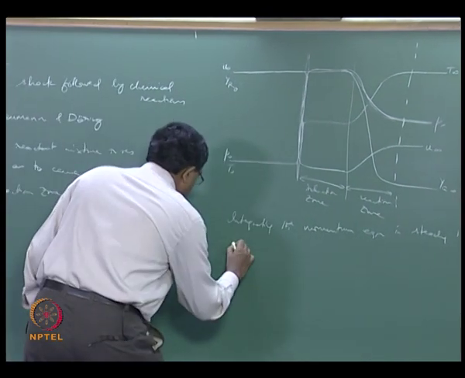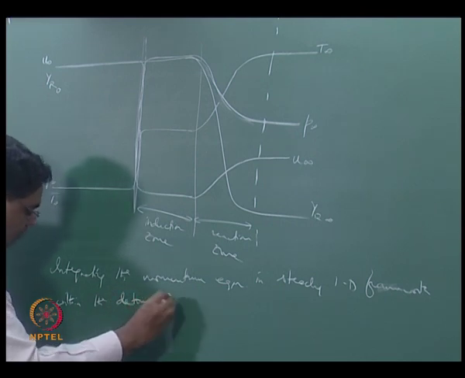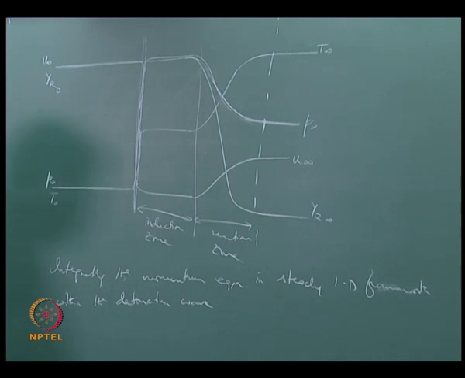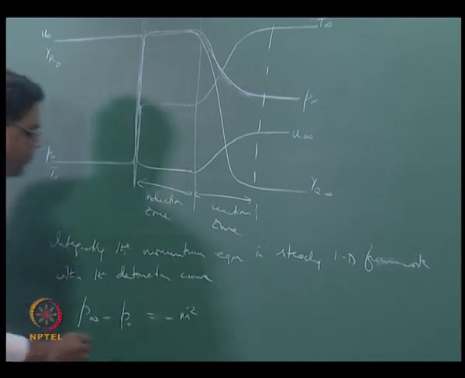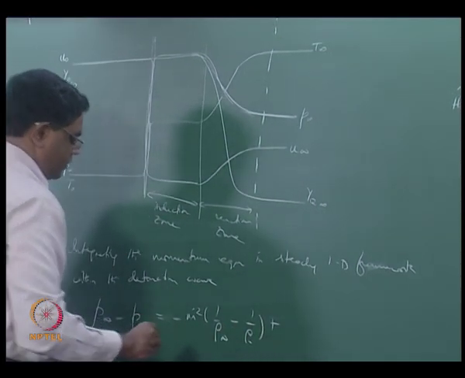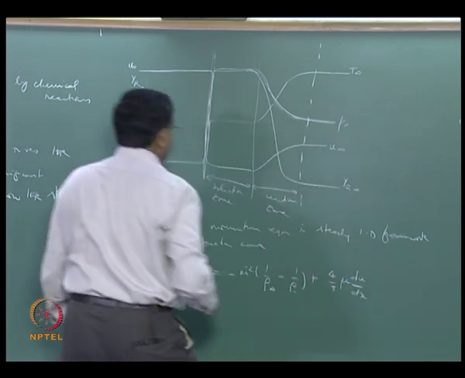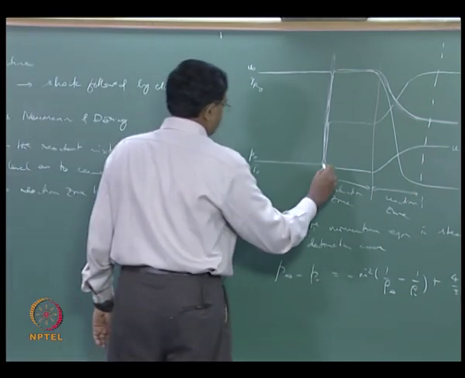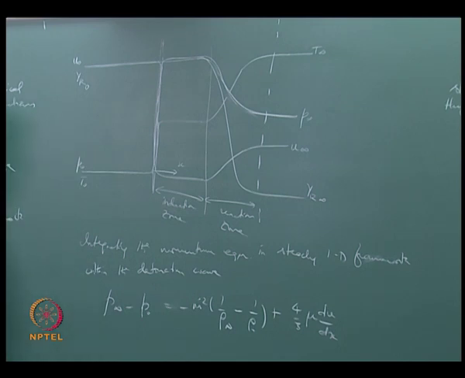So here what we are talking about is within the detonation wave, we can now get P infinity minus P naught equals minus m dot squared times 1 over rho infinity minus 1 over rho naught, plus 4 by 3 mu du by dx. So of course you can now fix your x going this way, right.